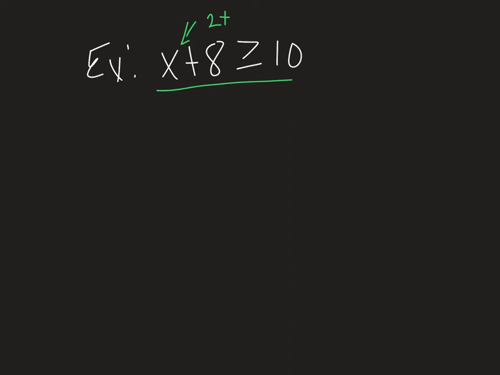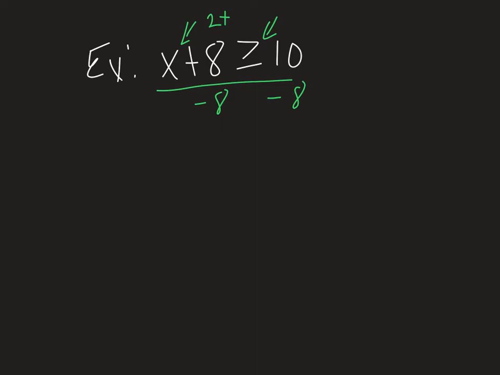So if we think about this, where x plus 8 is greater than or equal to 10, it would also make sense that if I was to subtract 8 from both sides, I would still maintain this inequality.